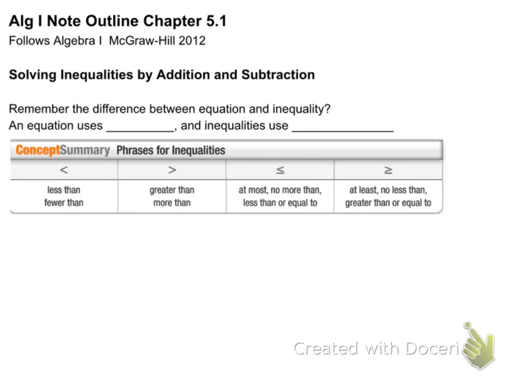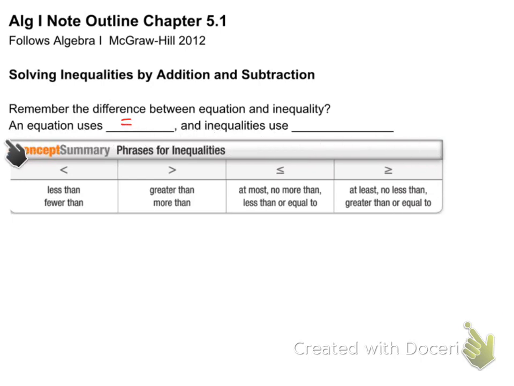What does an equation use? Equals. Equal, right? Equation, equal. It has an equal sign. Inequalities, on the other hand, don't use an equal sign. They use all of those fun symbols here.